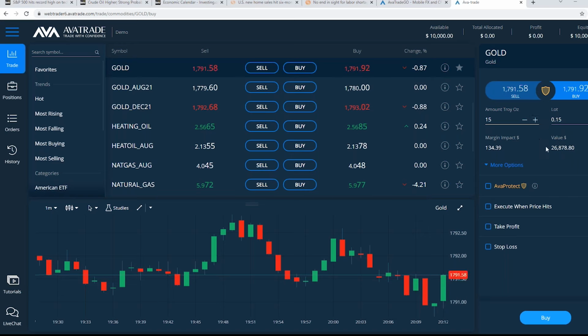And I'm looking immediately, it tells me, 15 ounces is this lot size. It tells me how much is required for margin to open the trade. So I can look and see, okay, yeah, I've got enough in my account for that. I can say, okay, how much am I risking? If I'm buying on gold as an example, and I want my stop loss, let's say at 1750. Okay, so I put it at 1750. Now I know, okay, I'm risking 632.